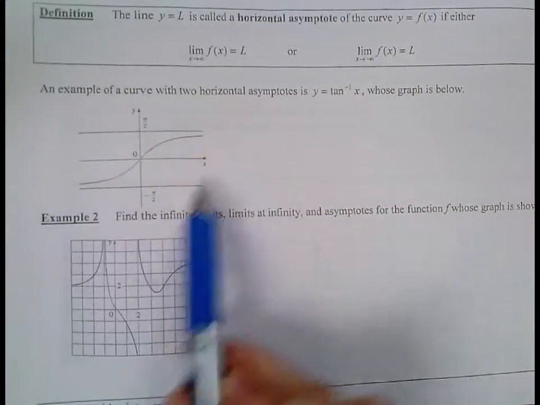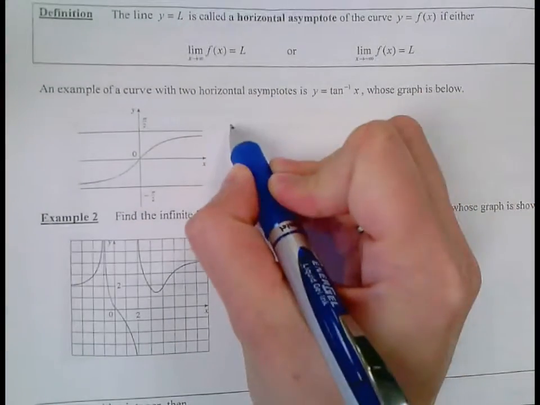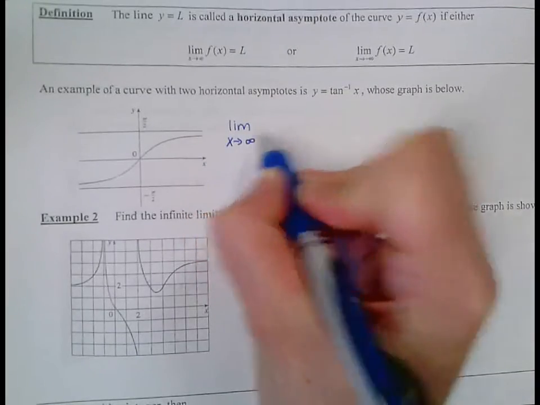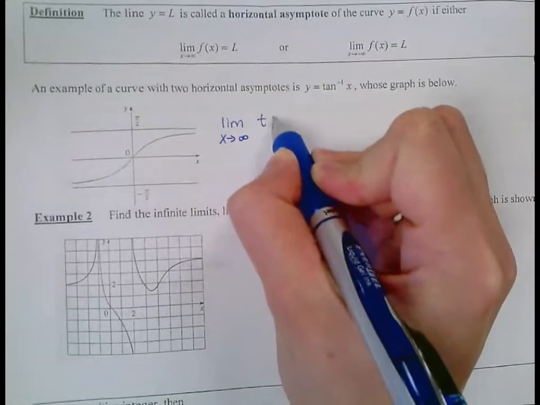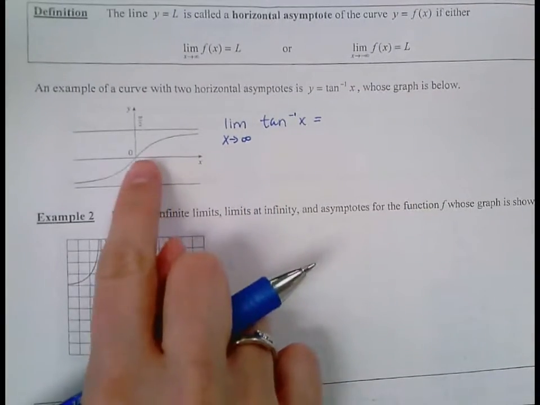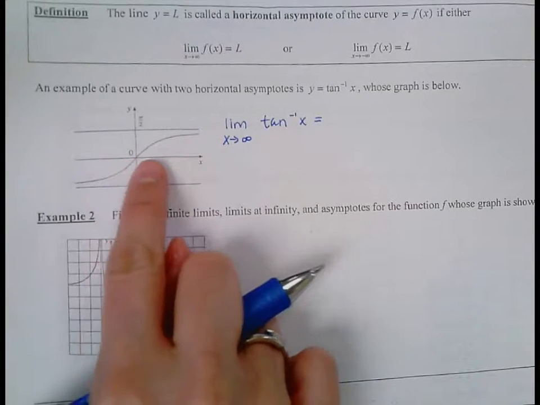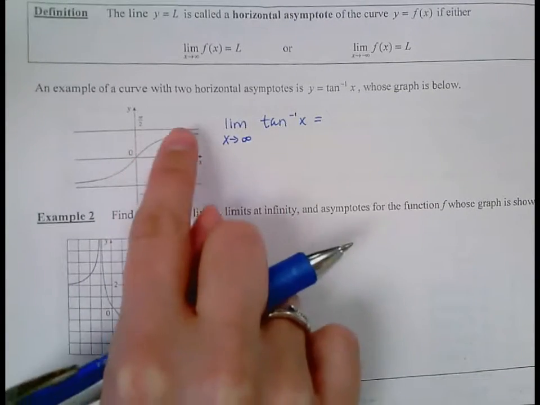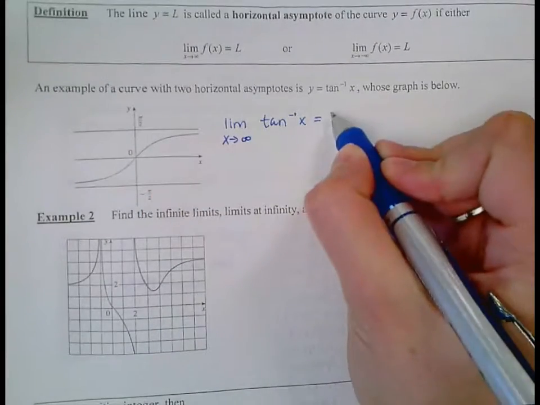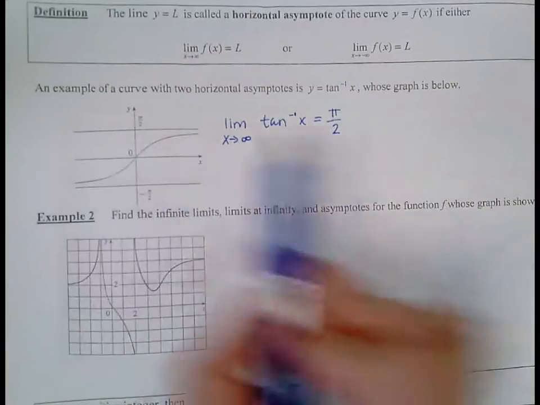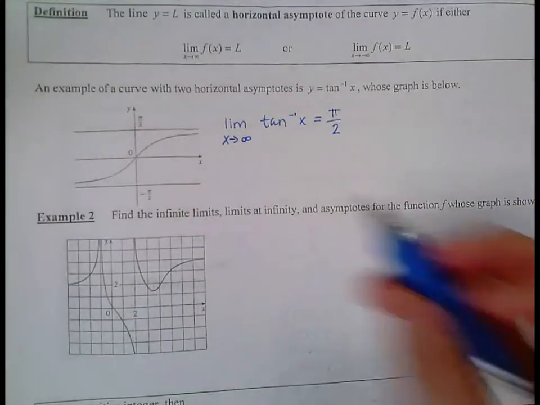So we would say for this function that the limit as x approaches positive infinity of inverse tangent, so that's looking towards the right side of the graph. As x is getting infinitely large in the positive direction, we see the y values approach positive pi over 2. So positive pi over 2, that line is a horizontal asymptote.